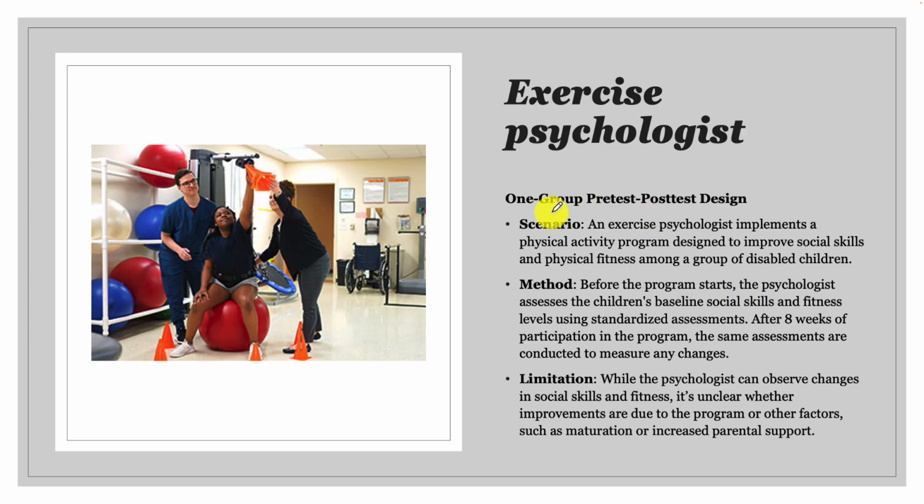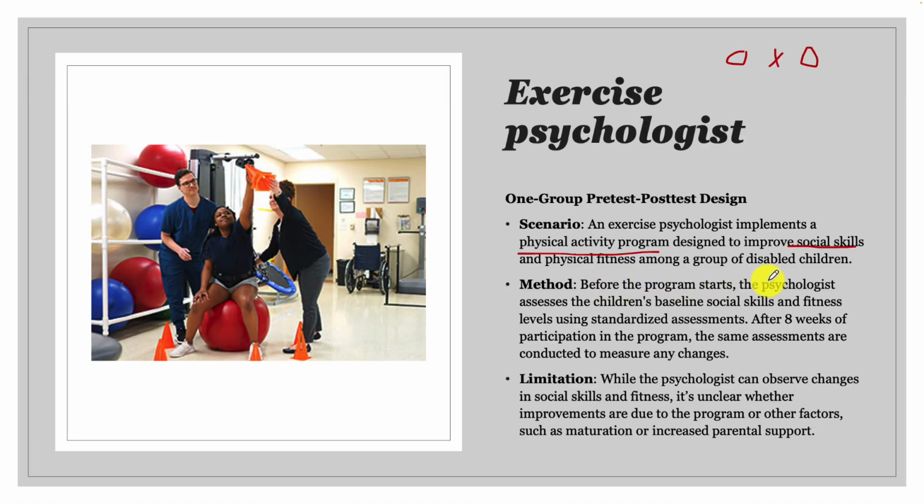If we did a one group pre-post test design, again, that looks like this. We have a single group baseline measurement, we have intervention, and we have post measurement. We want to implement a physical activity program designed to improve social skills and physical fitness among disabled children.